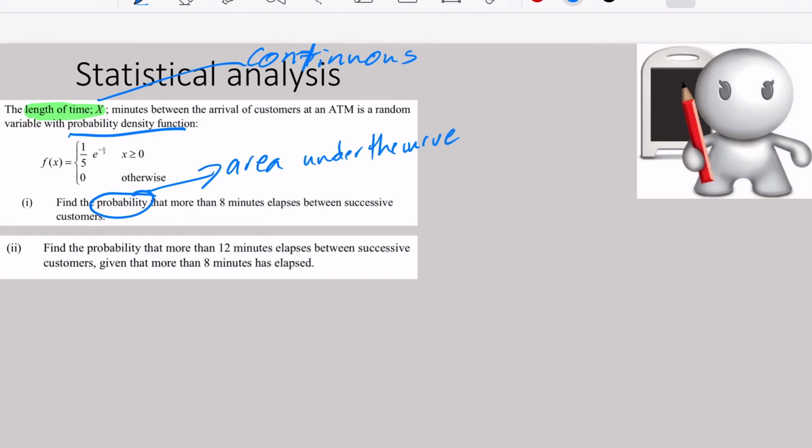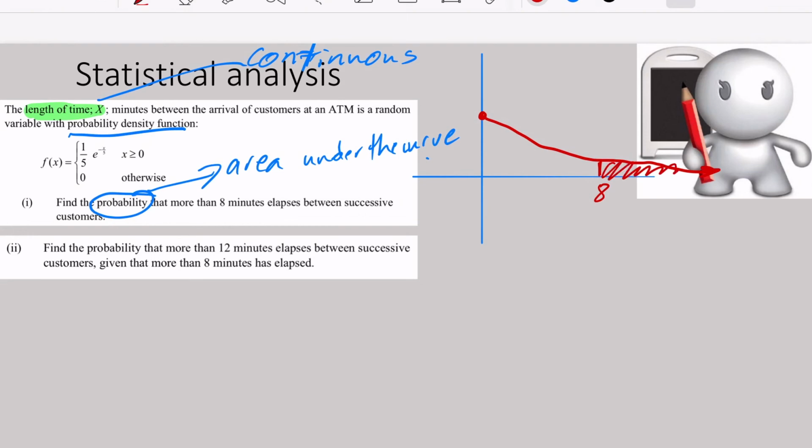It might help us out just to sketch this. When I sketch this particular function, I'm going to have a function that looks like this. And what I want is more than 8. So this is obviously x, and what I want is this area over here.